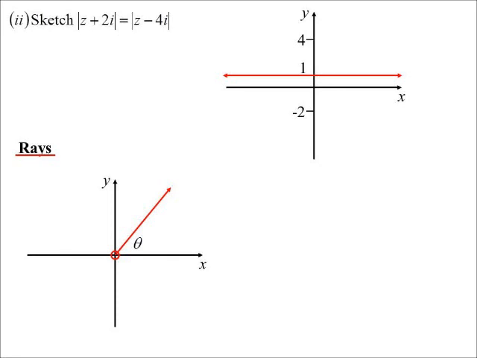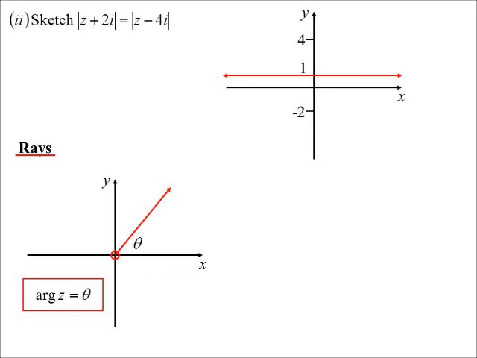All right, let's draw one. There's a ray. Its definite starting point is at the origin, and it's going off at some angle I've called theta. Every point on that red line has something in common. What is it? Yeah. The angle it makes is always going to be theta, so its argument is always going to be equal.